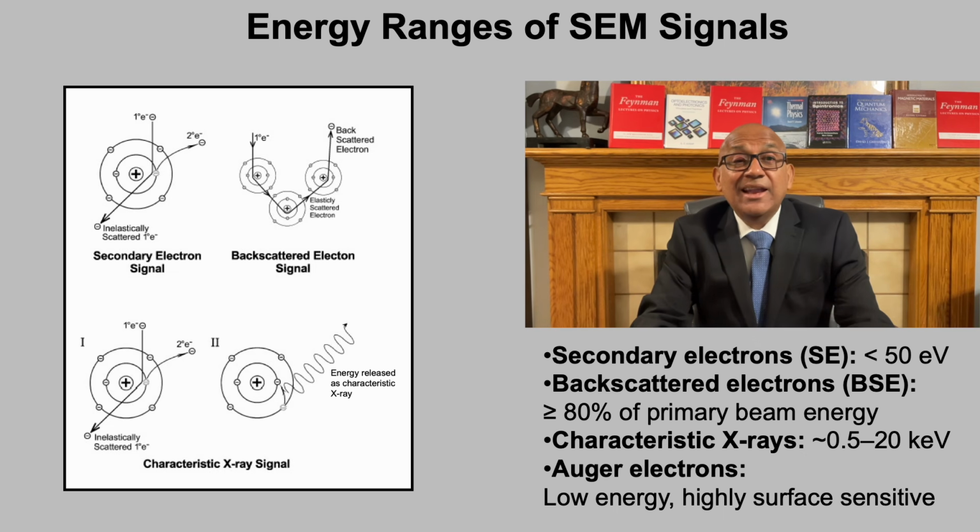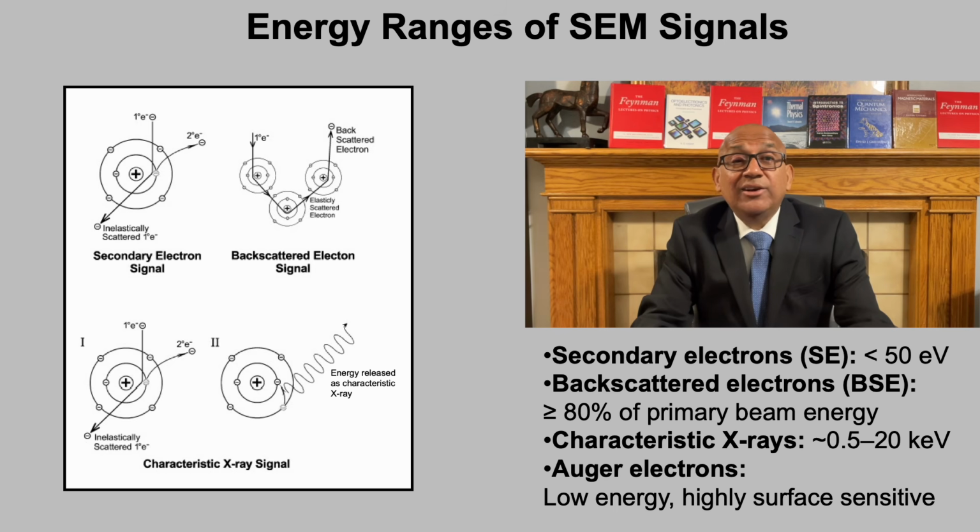Characteristic X-rays lie in the kilo-electron volt range, typically from a few hundred electron volts up to tens of kilo-electron volts. These higher energies allow X-rays to escape from relatively large interaction volumes, which is why they provide bulk chemical information rather than surface detail.